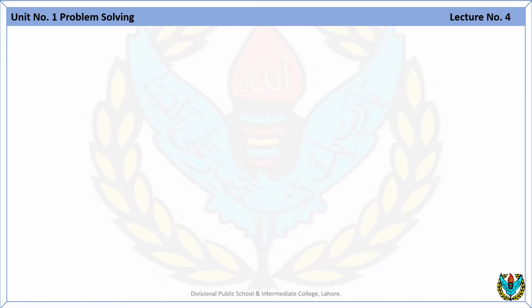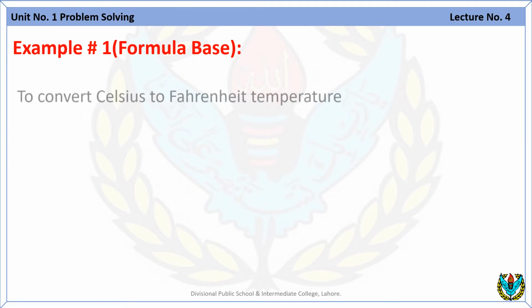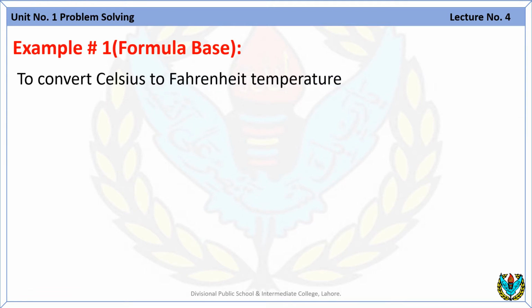Students, now we will discuss an example for understanding the concept of formula-based flowchart. This example is about converting Celsius temperature into Fahrenheit temperature. Here students, I will request all of you to understand flowchart with great concentration because it will help you in writing algorithm.